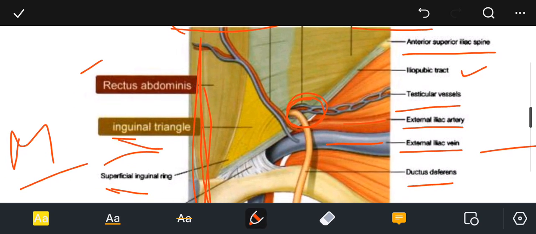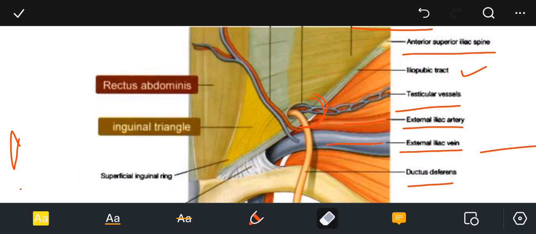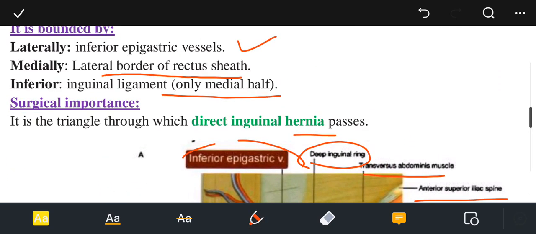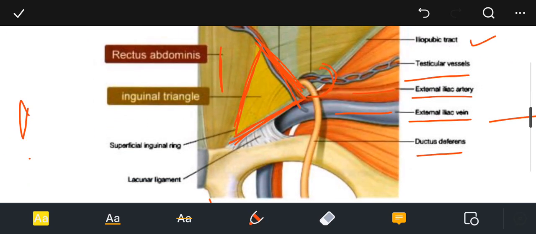The Hesselbach triangle is also called the inguinal triangle. They are one and the same thing. These vessels form the lateral structure, the rectus abdominis muscle and its sheath form the medial wall, and the medial part of the inguinal ligament forms the inferior part of the base. So this triangle is called the inguinal triangle or the Hesselbach triangle.